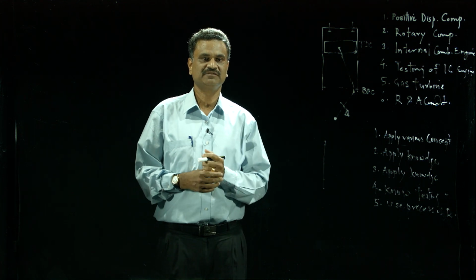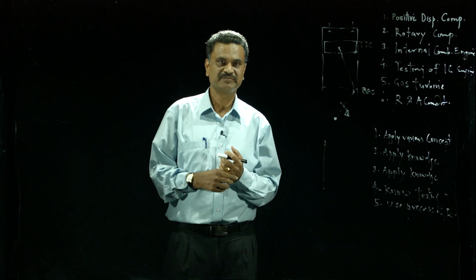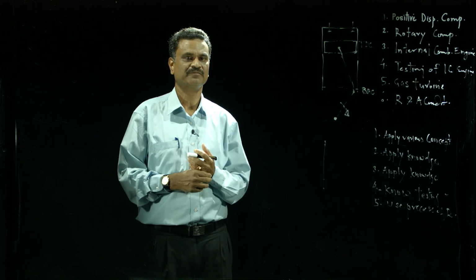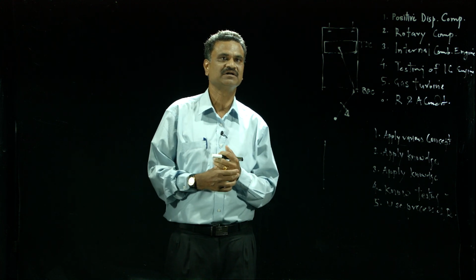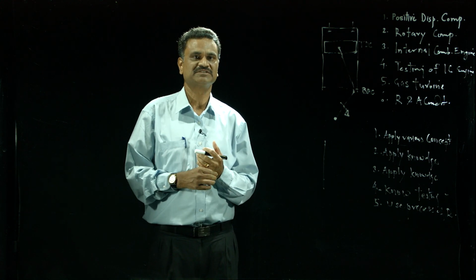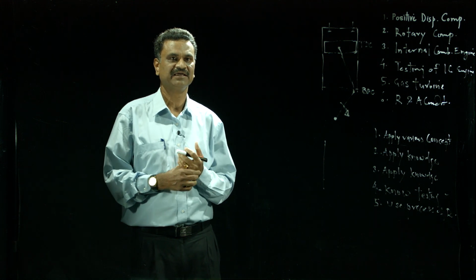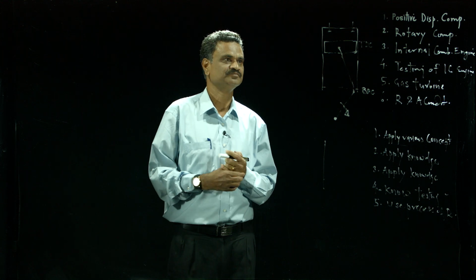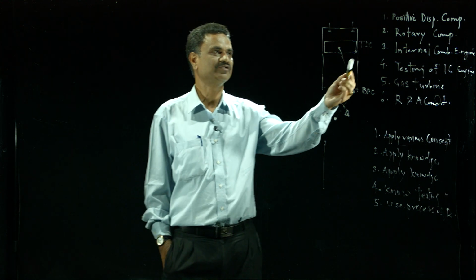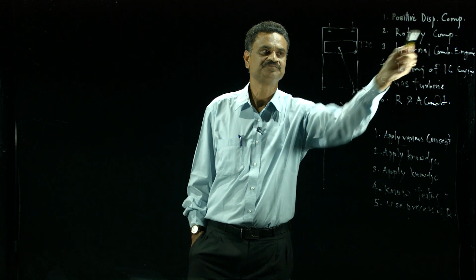In this topic we will see various calculations, mathematical derivations, and so on. And last we see the various applications of the reciprocating air compressor, like spray painting, ice plant, refrigerator, and so on.